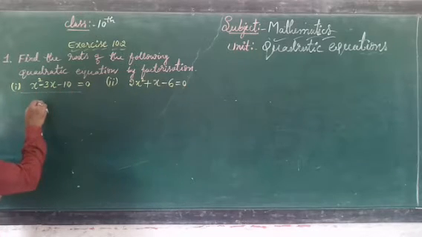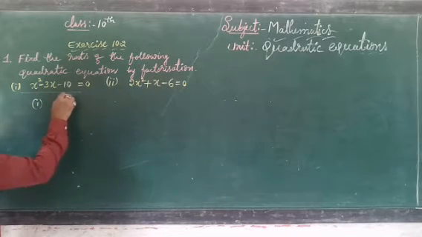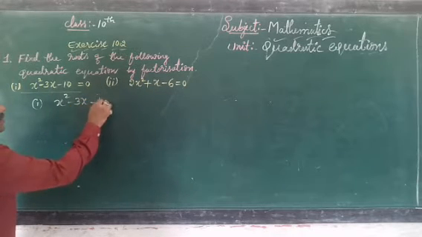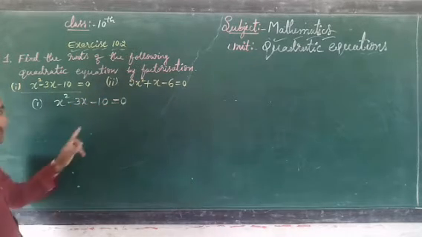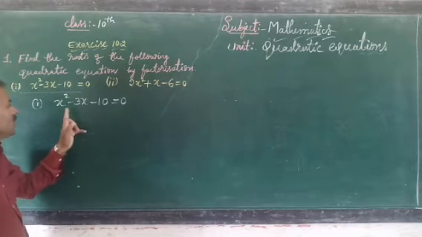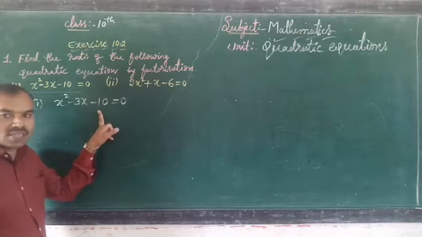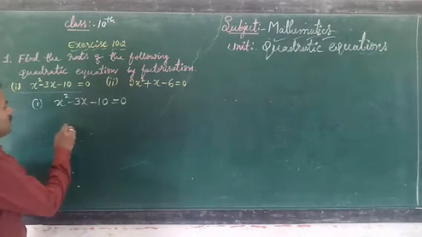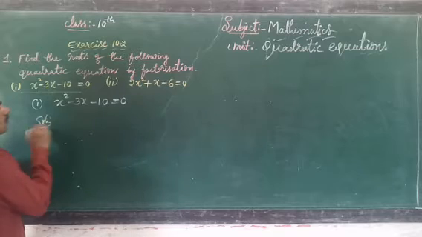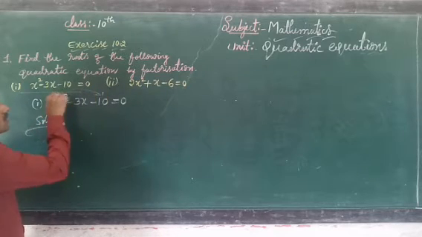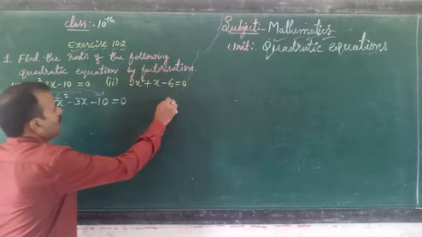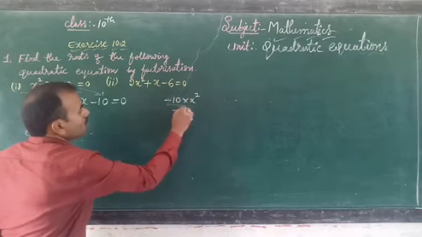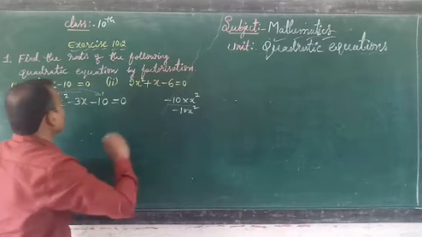Consider first one, x square minus 3x minus 10 equals 0. Solution: consider the product of first term and last term. Minus 10 into x square equals minus 10x square.